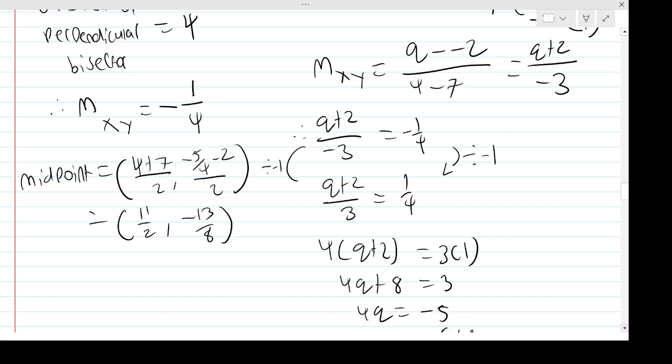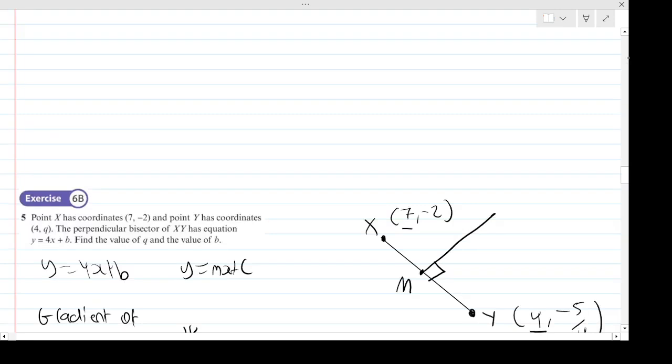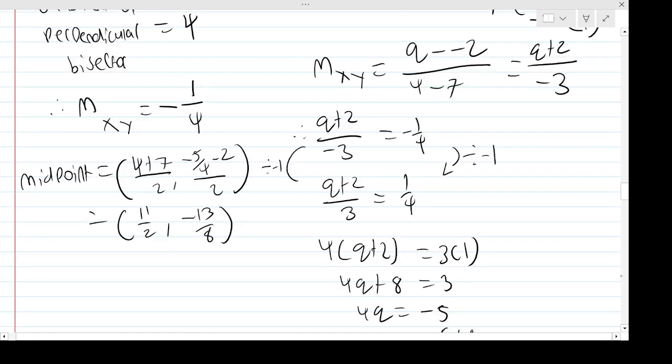So now I know this point M has to lie on this perpendicular bisector. So now I can substitute it in. I'm going to say sub the midpoint into the line y is 4x plus b.